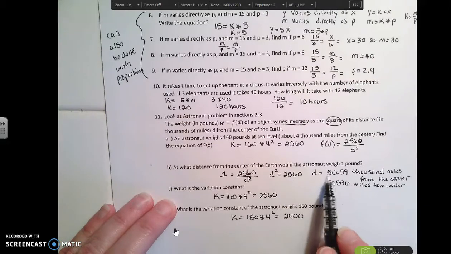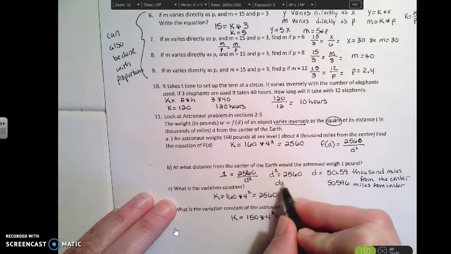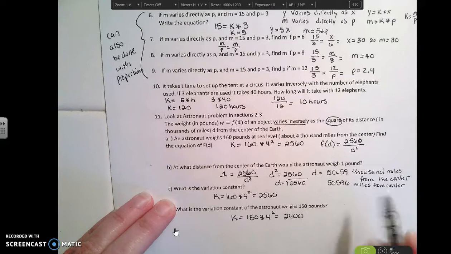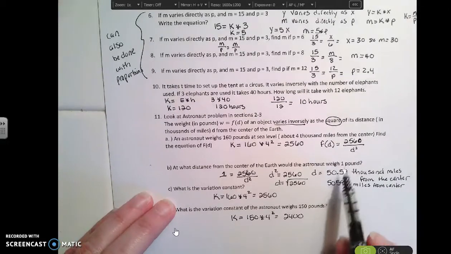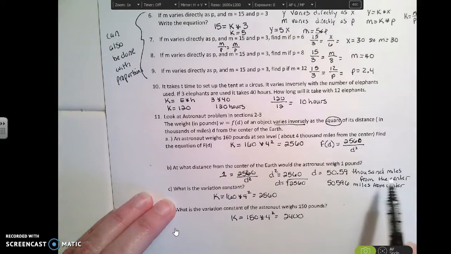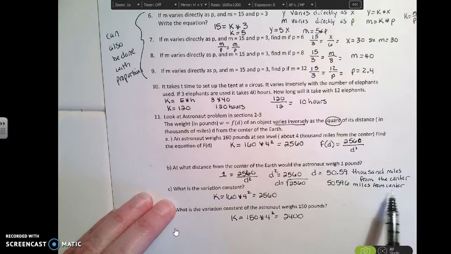So that means d is equal to 50.9, and I got that by doing the square root of 2,560. So that means that I would only weigh 1 pound when I'm 50.59 thousand miles from the center of the Earth, which is 50,596 miles from the center of the Earth.